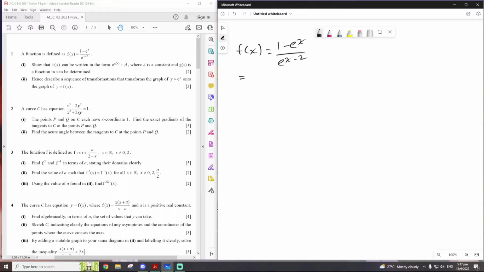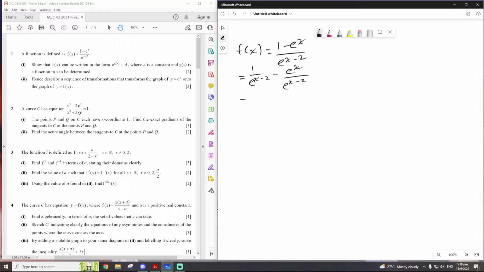I can split the fractions. So this will give me 1 over e to the power of x minus 2, minus e to the power of x divided by e to the power of x minus 2. Now e to the power of x minus 2 is e to the power of x times e to the power minus 2, right?